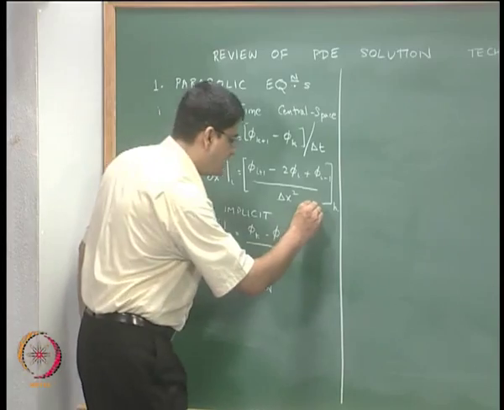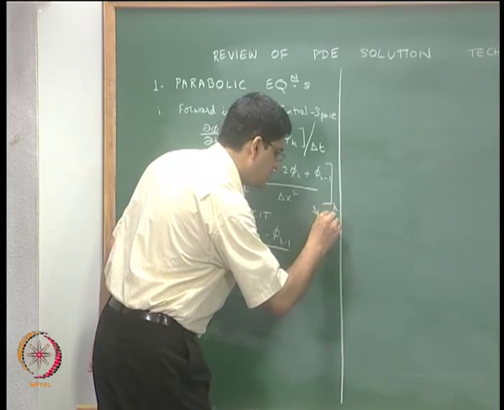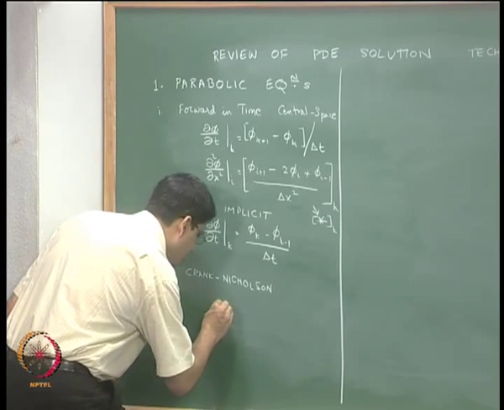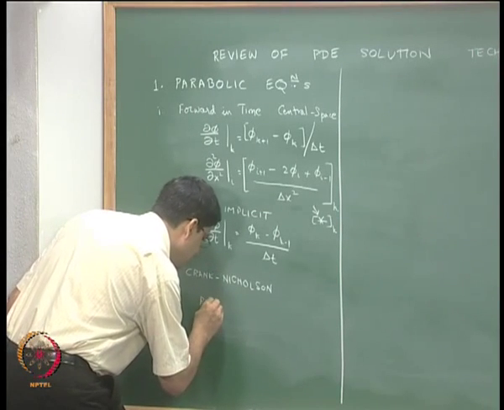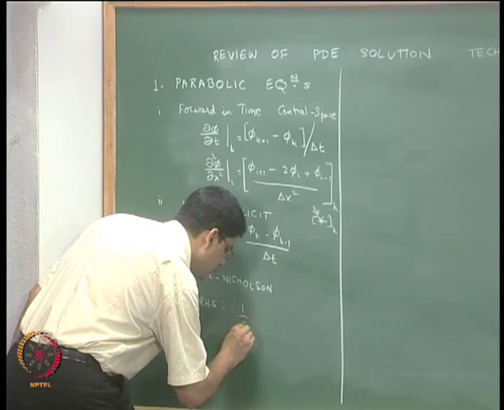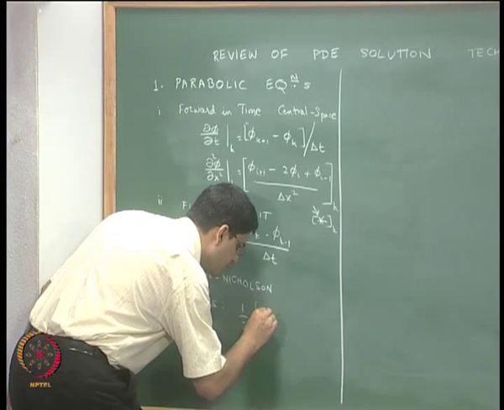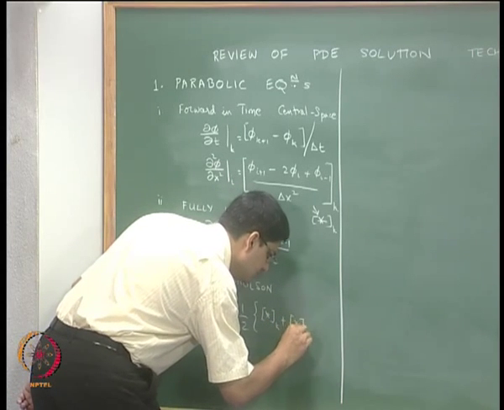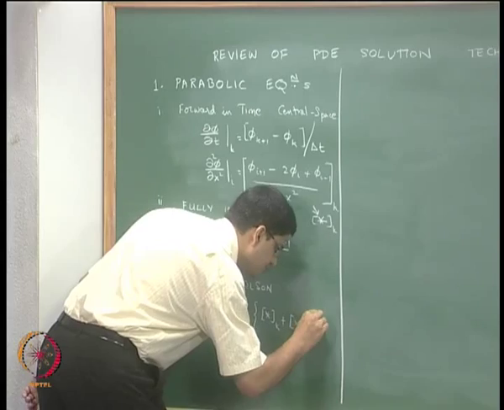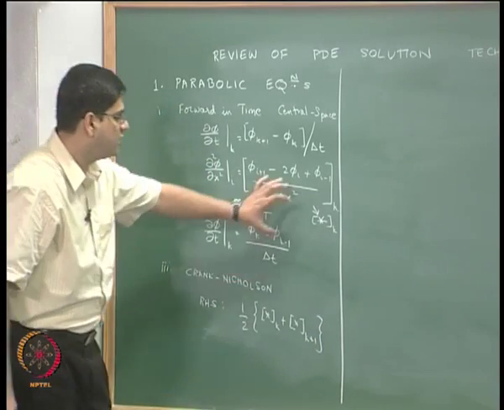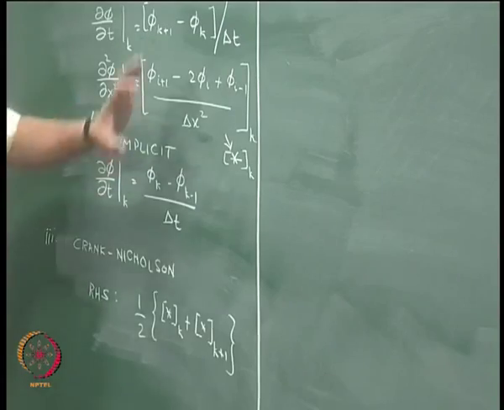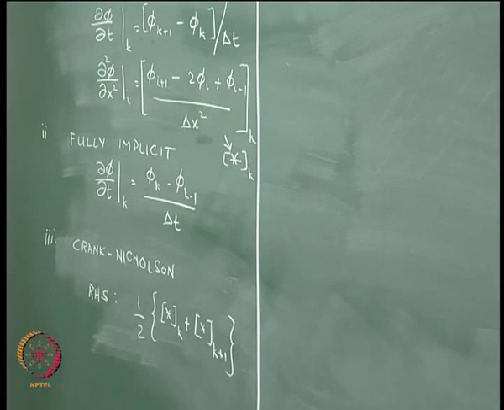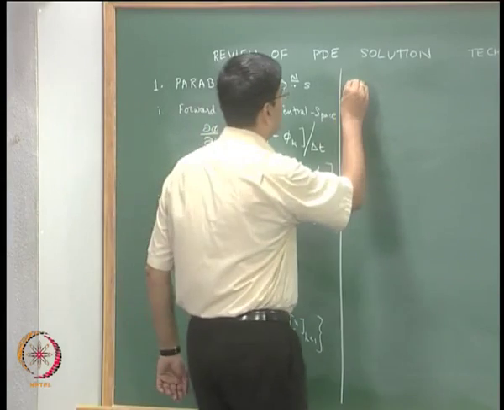So if we write this as star k, then in the Crank-Nicolson method the right hand side is going to be half of star k plus star k plus 1, which basically means this overall derivative as well as all the constant terms have to be computed at k and k plus 1, and we take an average over there. Those are the parabolic equations.